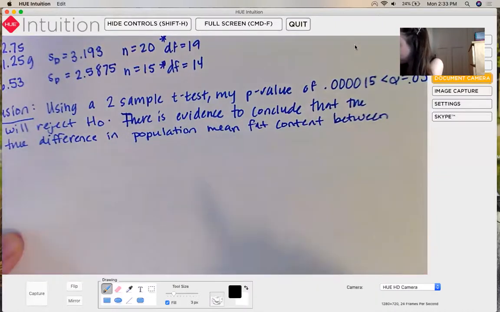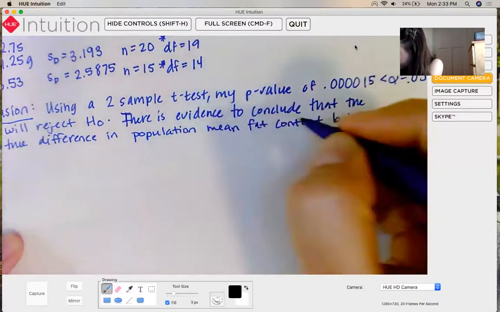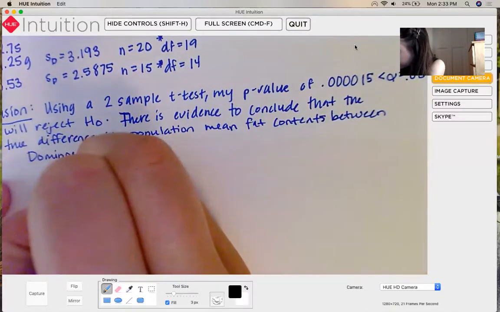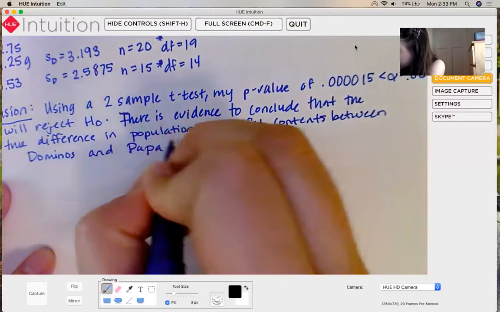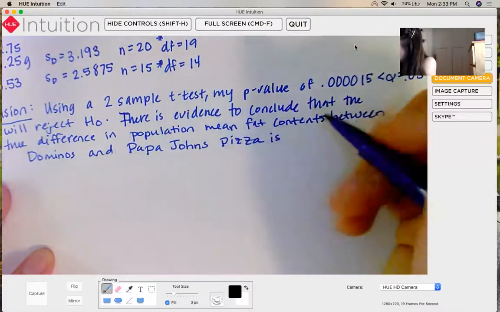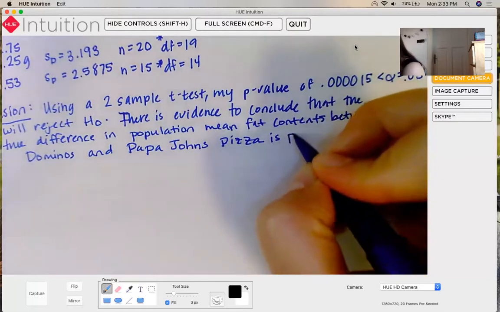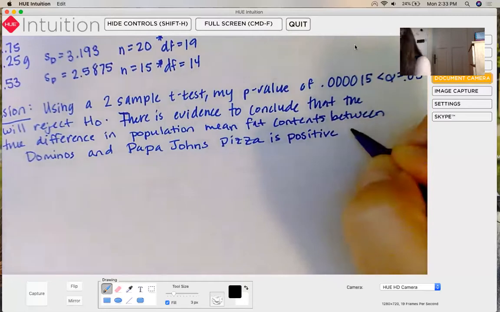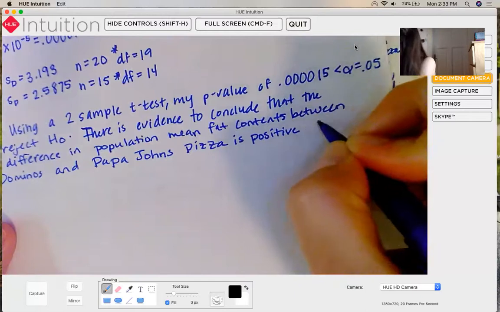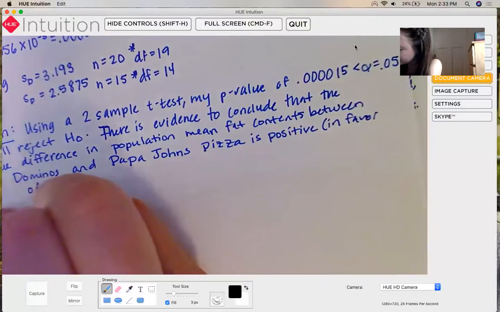The true difference in population mean fat contents between Domino's and Papa John's Pizza is positive. Okay. In favor of Domino's. That just means that the Domino's is greater.